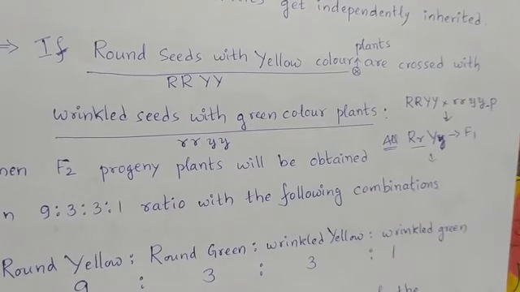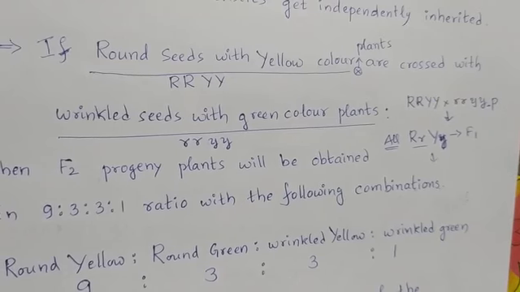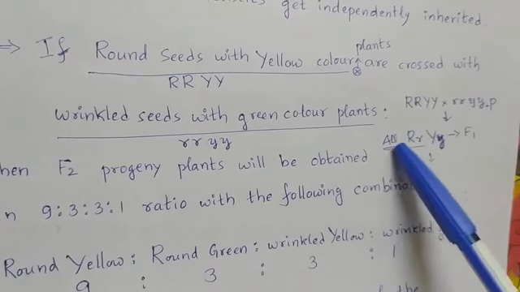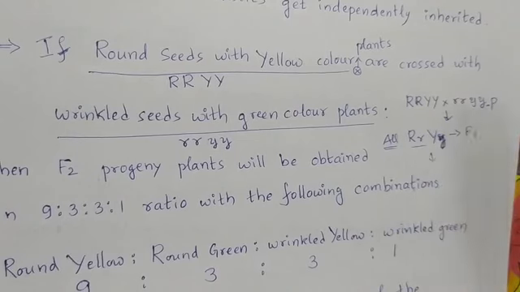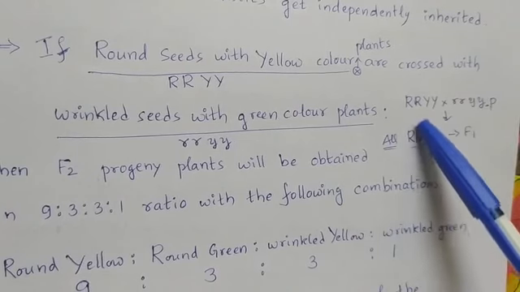They are the parental combination. So the F1 progeny are all with round seeds and yellow color, capital R, small r, capital Y, small y.